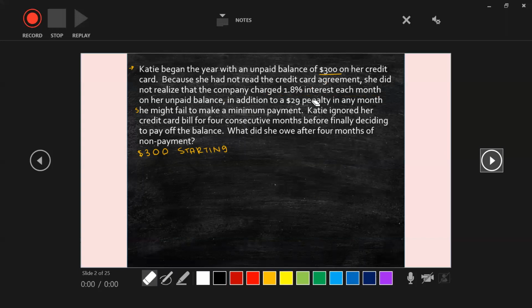So let's do yellow for our 1.8% interest, a 1.8% increase each month. There is also a $29 penalty each month that she doesn't pay.